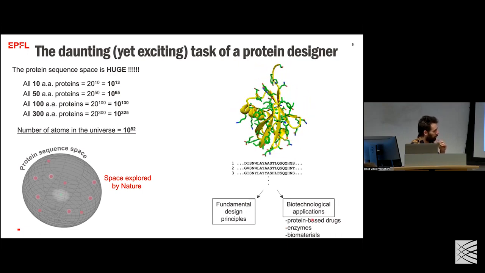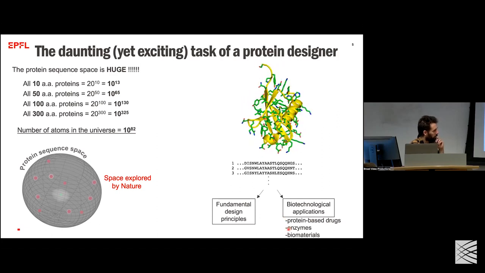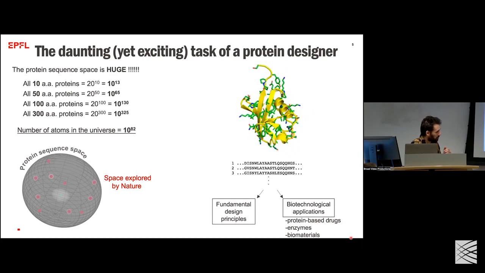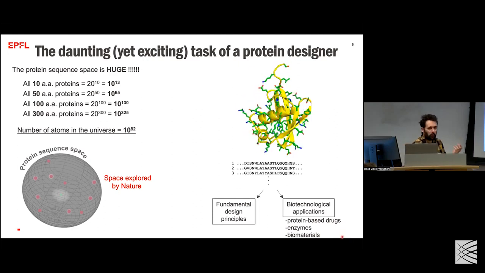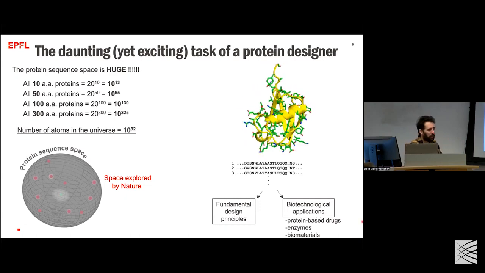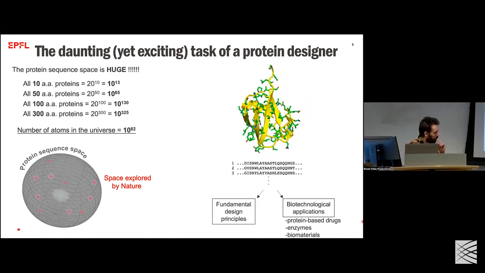At the same time, you also hope that you are creating things that are useful in general, that do things for you. And here, I'll just list a couple of biotechnological applications.